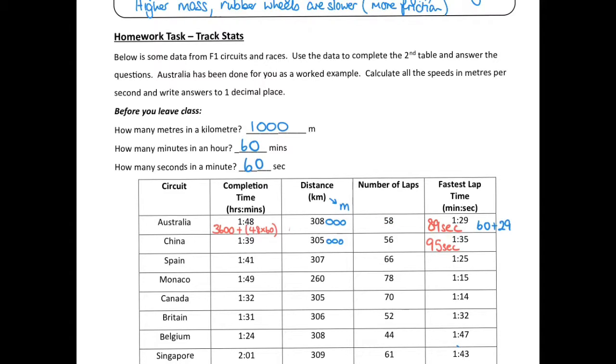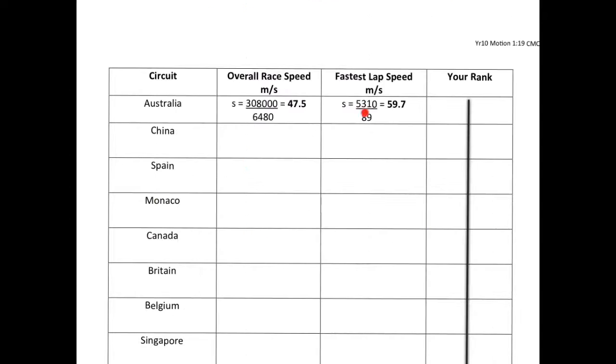So that's just a simple division here of 5,310 meters. That's where that number comes from in the second calculation here. And that means that the fastest lap speed is nearly 60 meters a second, so significantly higher. That's quite a percentage increase.